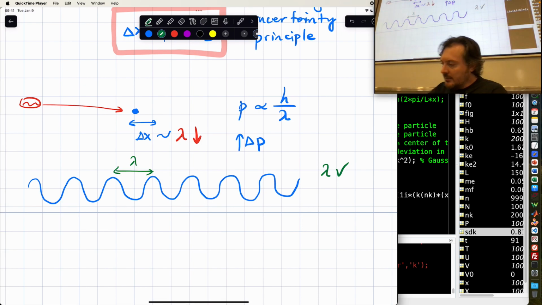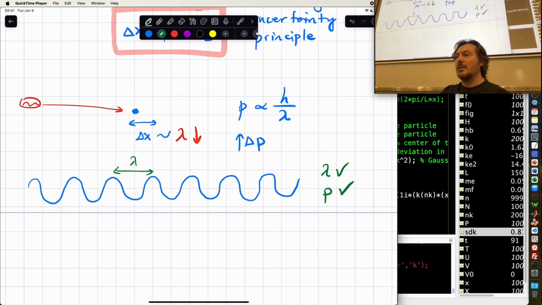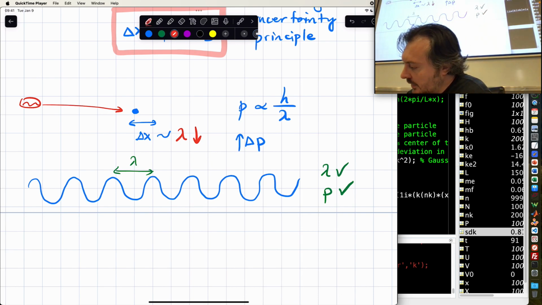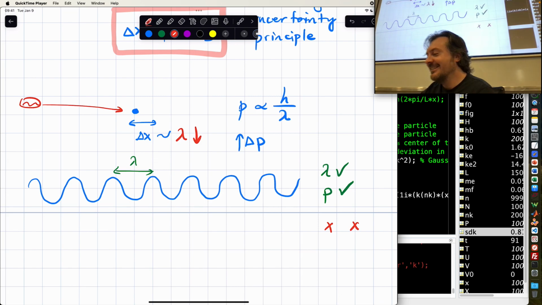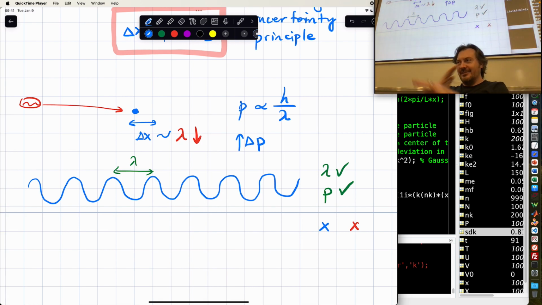You know lambda, hence you know the momentum, right? But what about the position of the particle? You don't know where it is. For x, it's x. Like, do you see? Let me use different color. If you want to measure x, it's that kind of x.